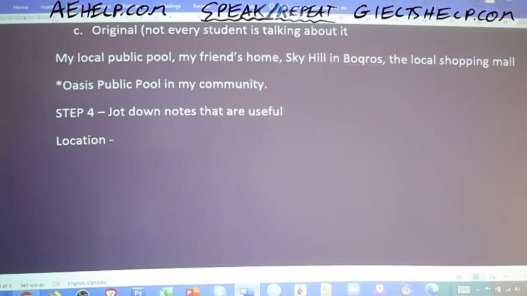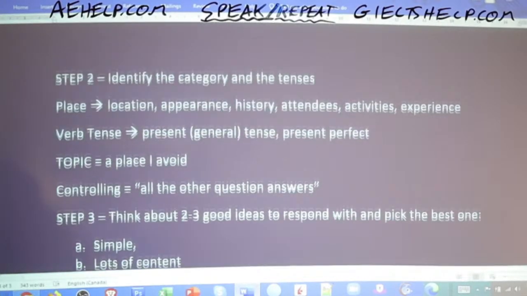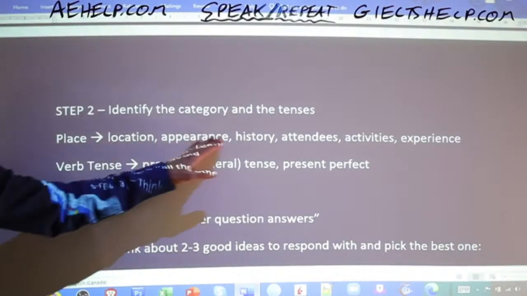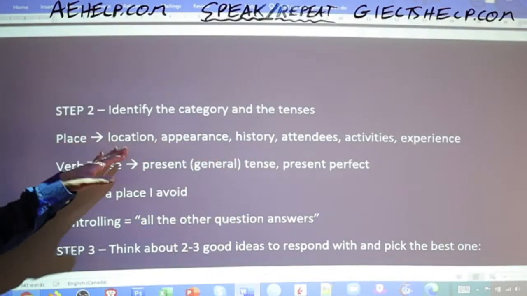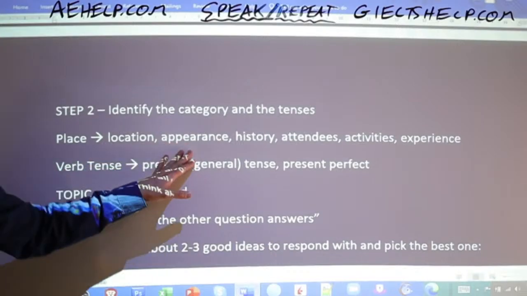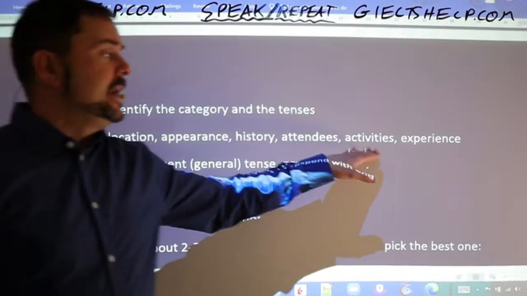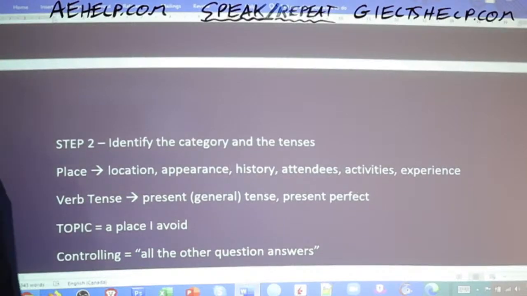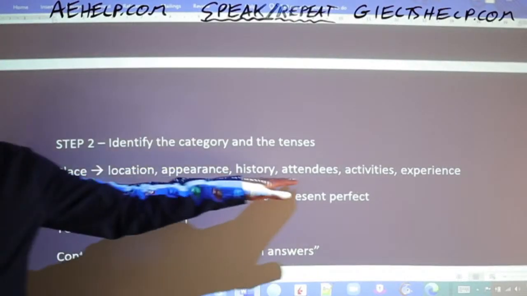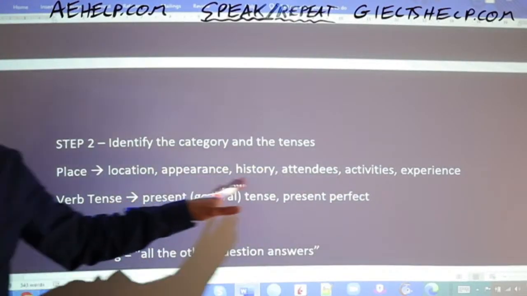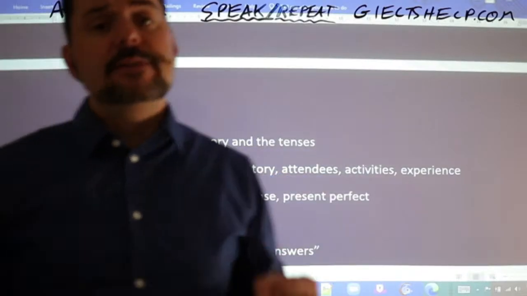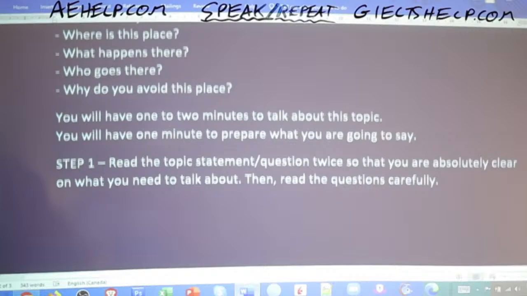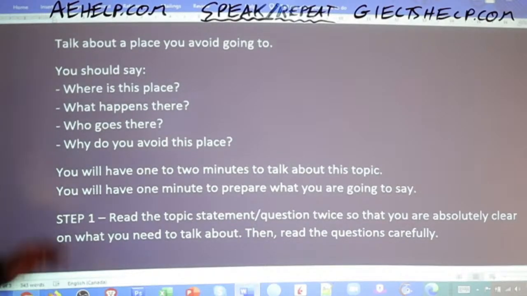So when you're taking your notes, basically you should be thinking about these key points for talking about a place, and in this order. So location, appearance, history, attendees, activities, and experience. As long as you talk about each of these subtopics for a location, you're going to have really good communication, and there's a very good chance that you're going to answer all of these questions.